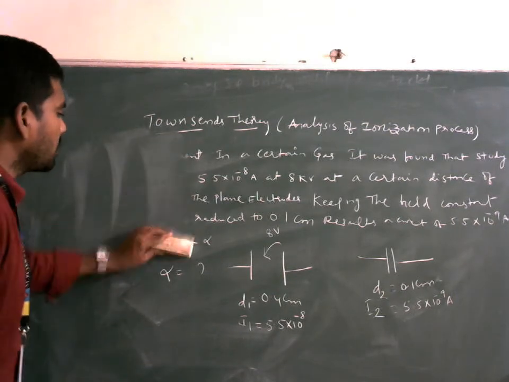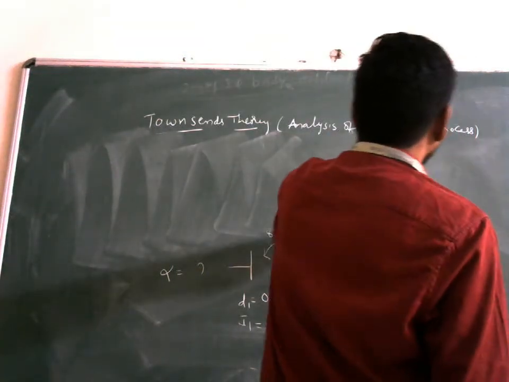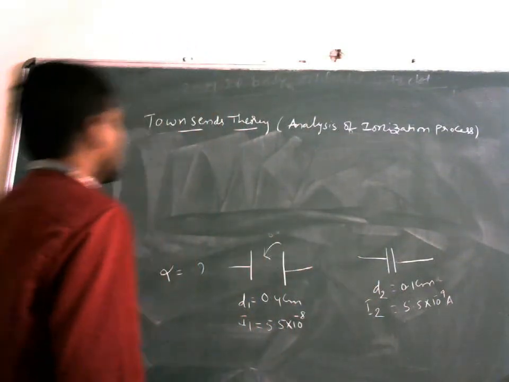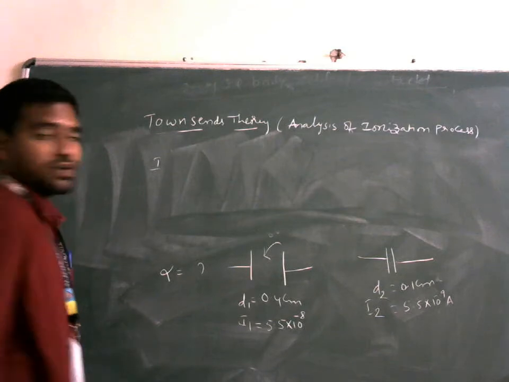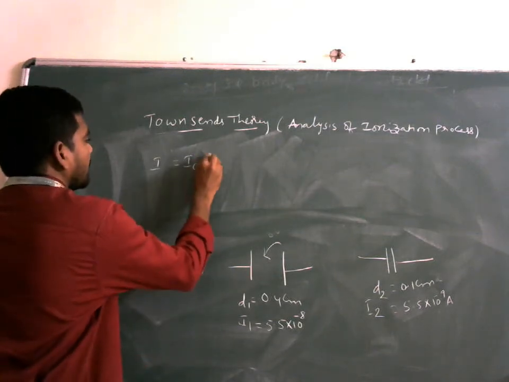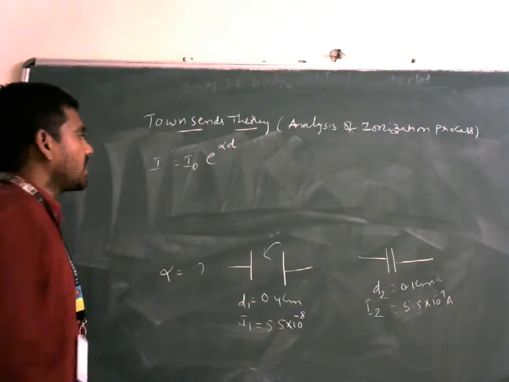Now how are we going to solve this problem? According to Townsend's principle, the formula we just derived is I equal to I naught into e power alpha d.